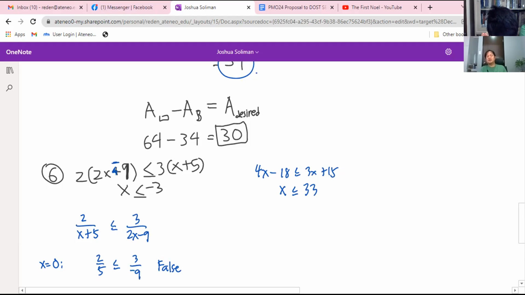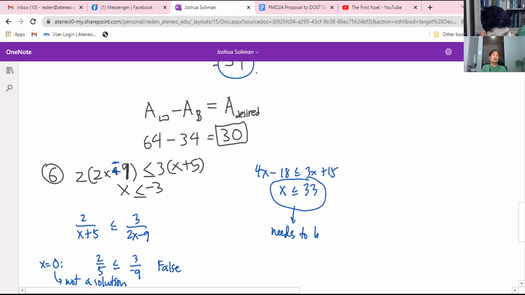So 2 over 5 is less or equal to 3 over negative 9. So it's going to be false, which means 0 is not a solution. Okay, which means that the original answer needs to be corrected.